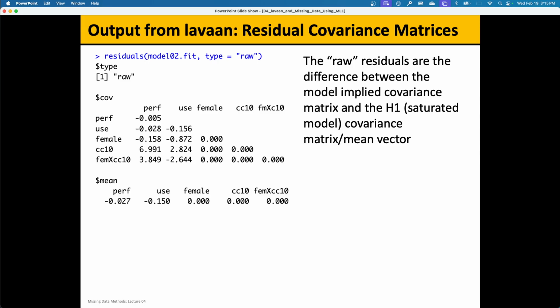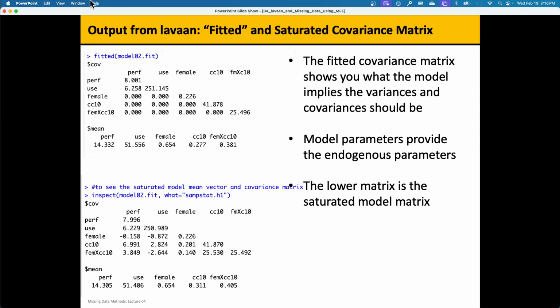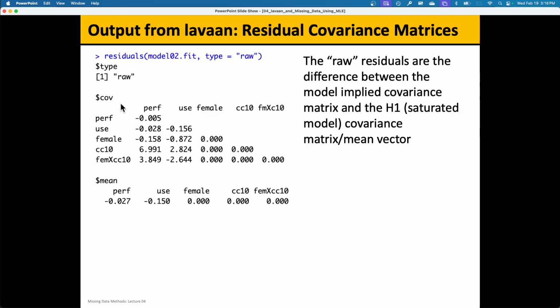So for instance, we're really, really far off on the covariance between performance and our college credits, right? But once we put in a regression coefficient predicting performance from that, there's going to be a number that goes in that spot in our fitted model matrix right there. And we'll get closer to it.